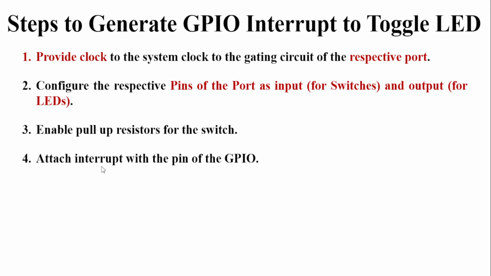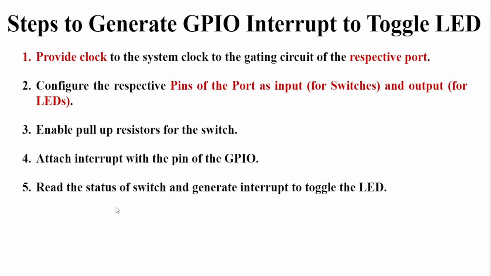Then after that, we have to attach the interrupt to the GPIO pin. Then we will read the status of the switch, and based on that, an interrupt will be generated from the GPIO input pin.